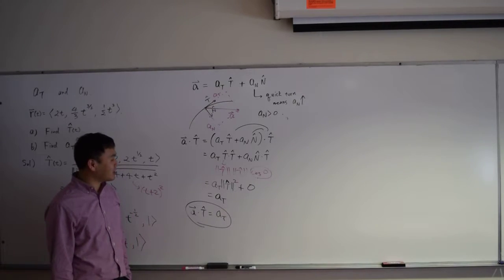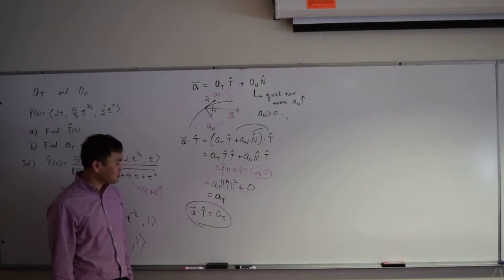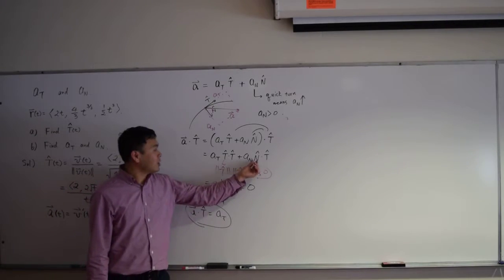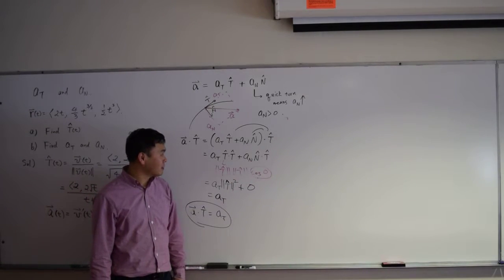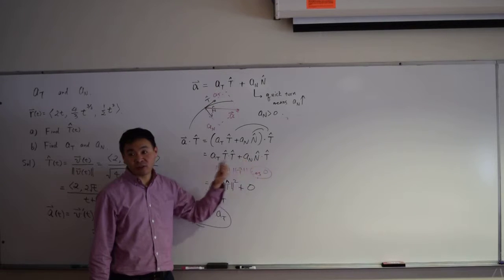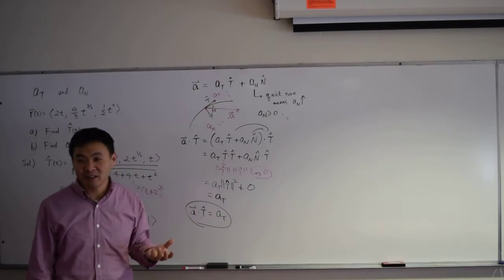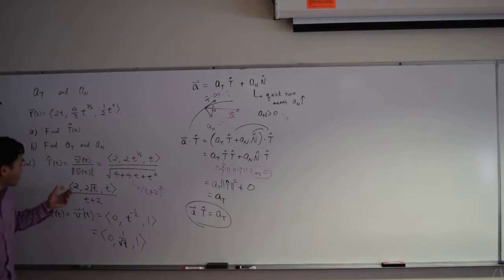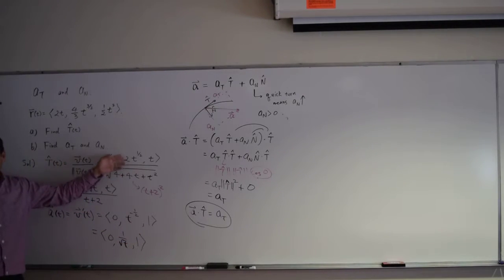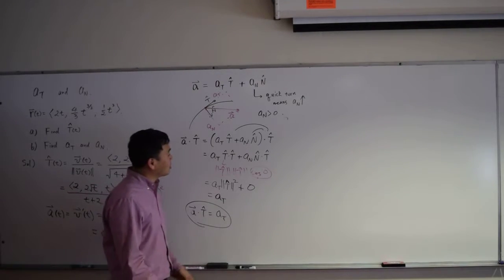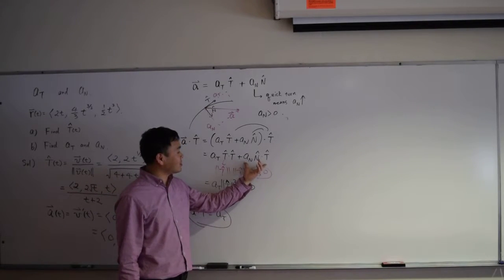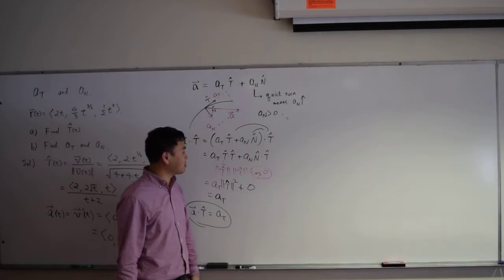The reason is you have to have the N vector to do that, and N vector is notoriously hard to calculate, right? We tried to do the N vector even for a specific value, and it wasn't an easy calculation. So usually you don't want to do it that way.